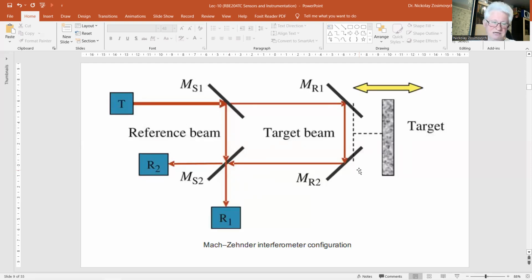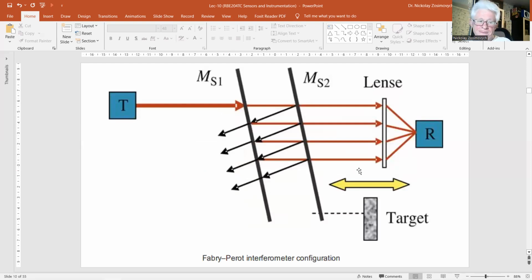The simplest interferometer is the Fabry-Pérot configuration, as you can see in this slide. It is essentially an optical cavity made up from two semi-transparent mirrors in parallel. The moving object is fixed to one of these mirrors. The sensor receives light that has traveled a number of path lengths in the cavity.